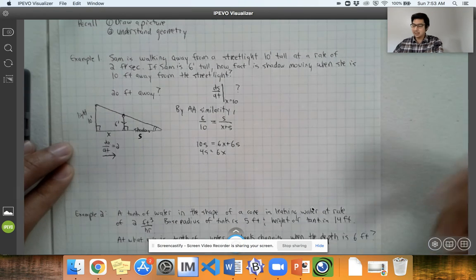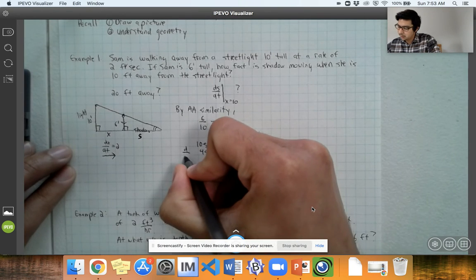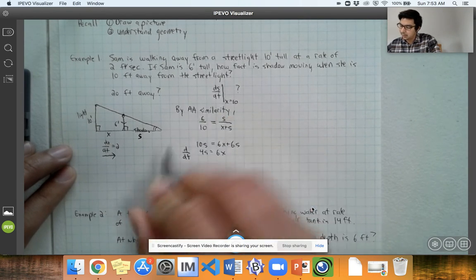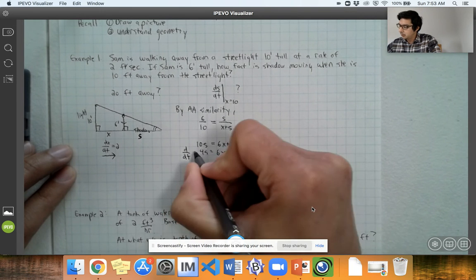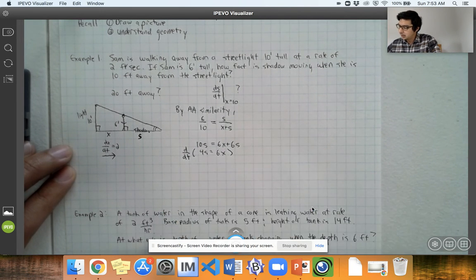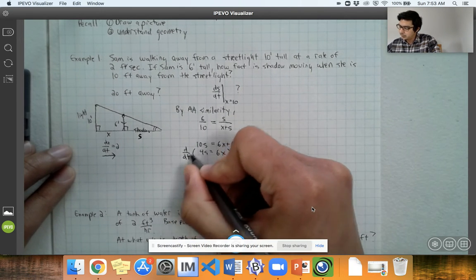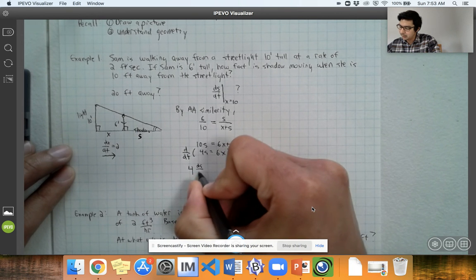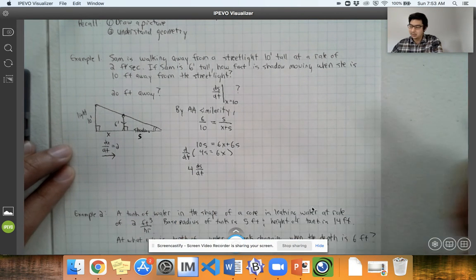And then to understand the rates of this problem, we want to understand how all of this is changing relative to time. So we're going to take the derivative with respect to time. What we'd have here is 4 times the derivative of s with respect to time, so implicitly we just write ds/dt.